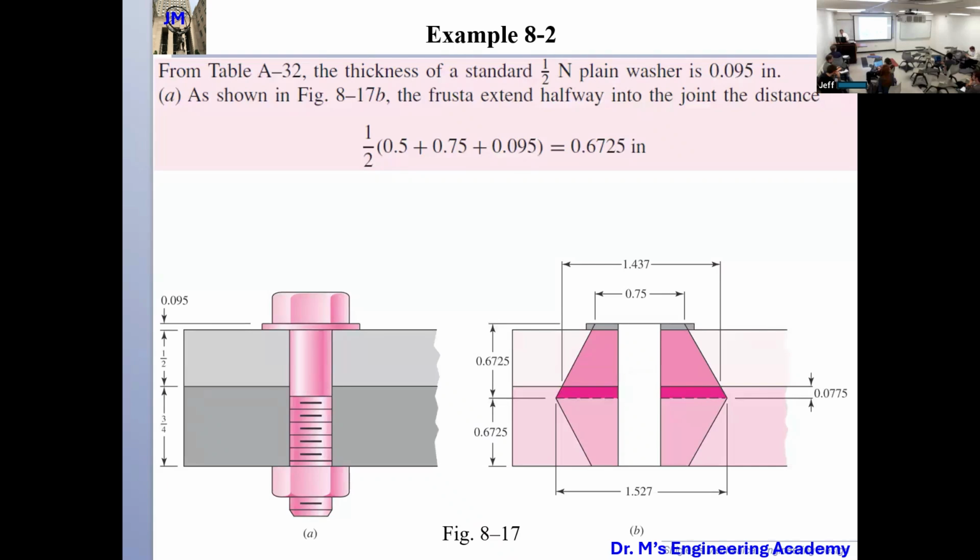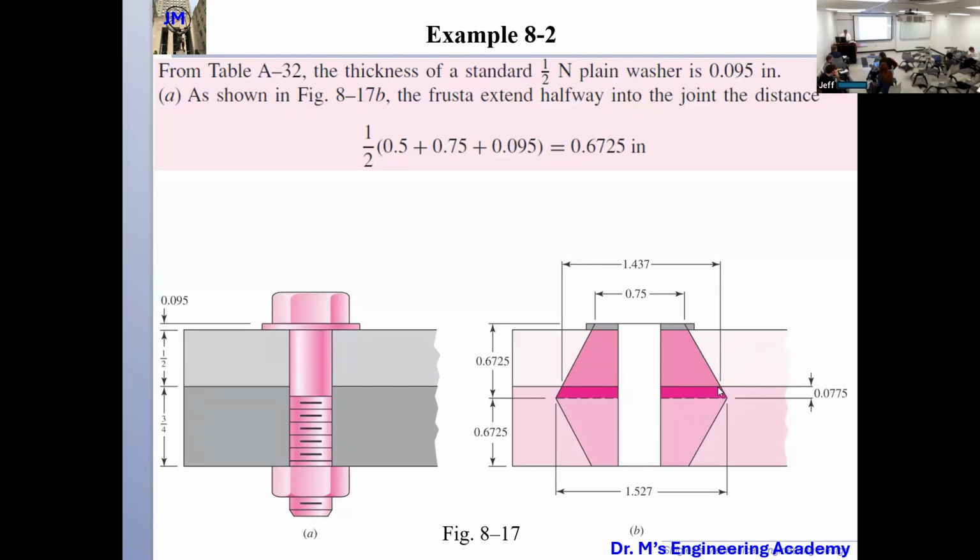So I will get it here, guys. I know this is 0.75, and this is 0.75. So also you need to calculate the gap between this line and this line, right? Because this is the thickness of the second frustum. So you need to calculate this one. And then what you need to calculate is from here to here.